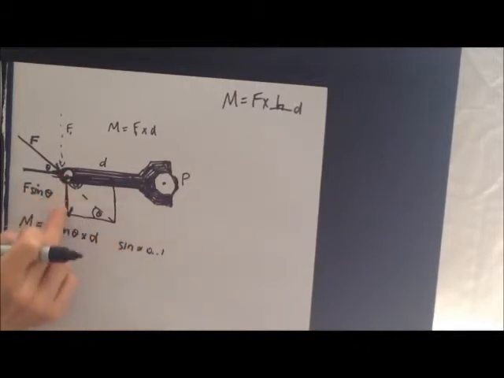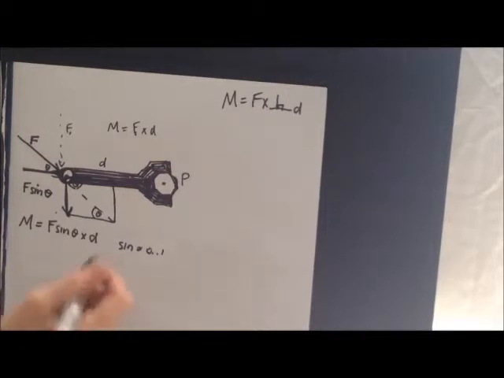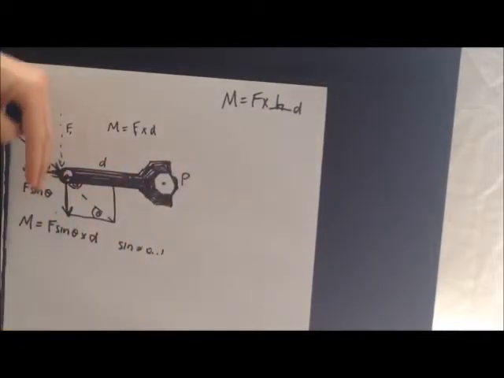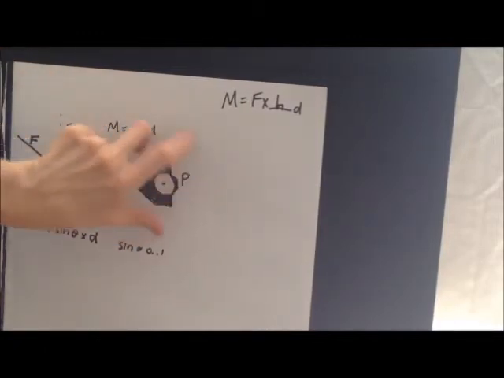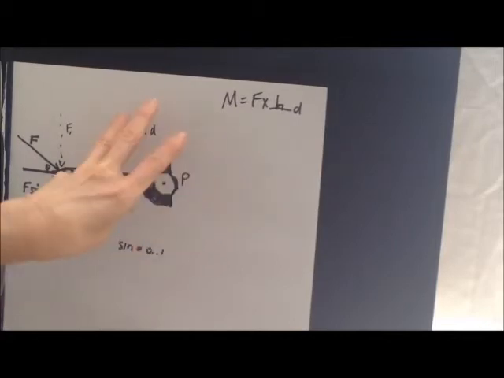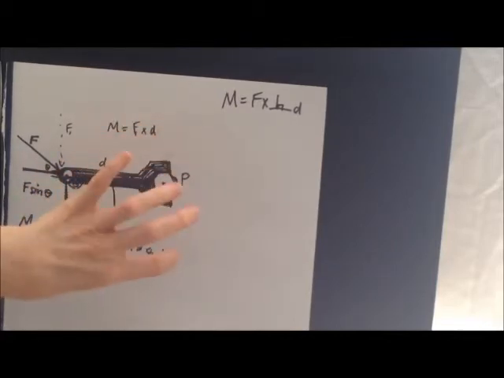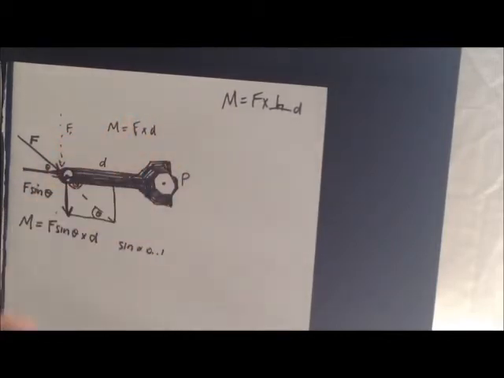The moment is only due to the vertical component, and we have to work out the sign of that moment. Because the vertical component is in that direction, the spanner's going to be pushed down, which is counterclockwise, or loosening something. When you're loosening something, that's a positive moment. So it's a positive sign.